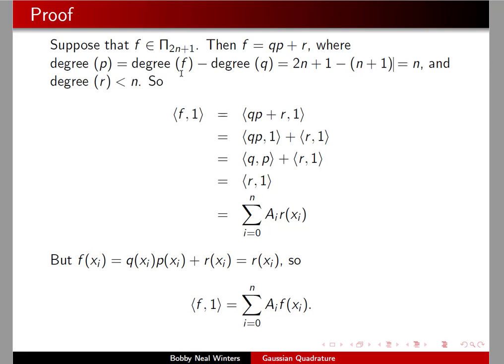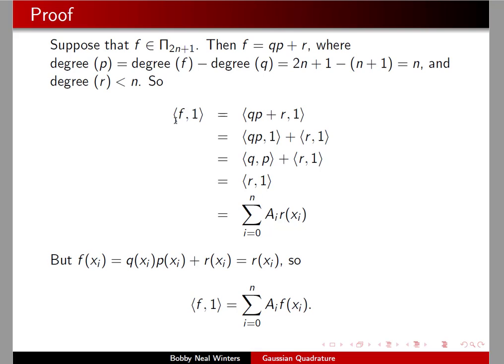Okay, and why is q degree n plus 1? Well, because it has n plus 1 roots. And this polynomial r is going to be of degree less than n. This is the division algorithm for polynomials.